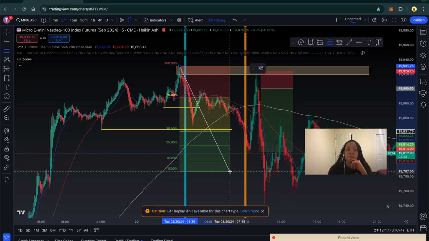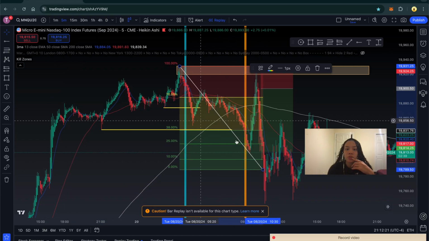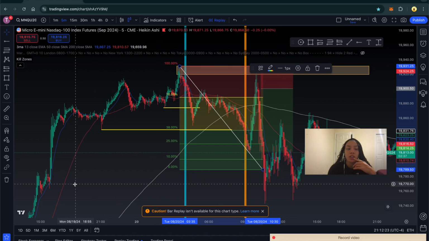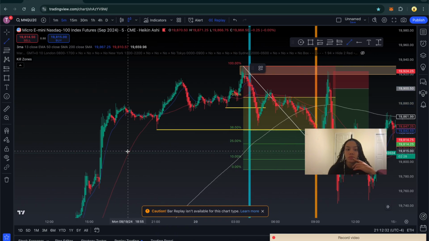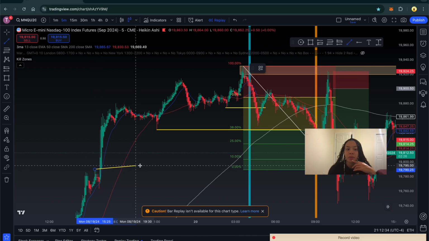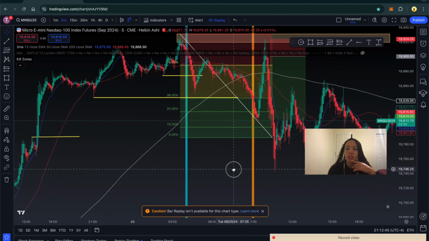Hold on, let me just disregard this. This was where that red was that made this pop off. You see this? This break of structure right here, from these little red candles, that's that lower low.